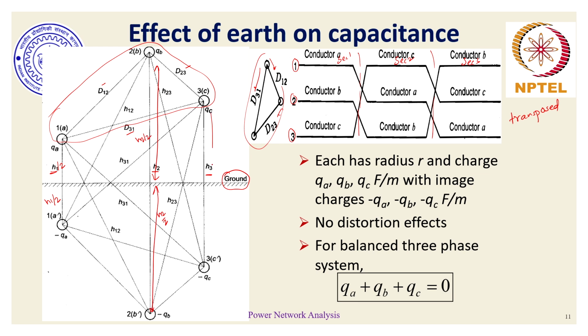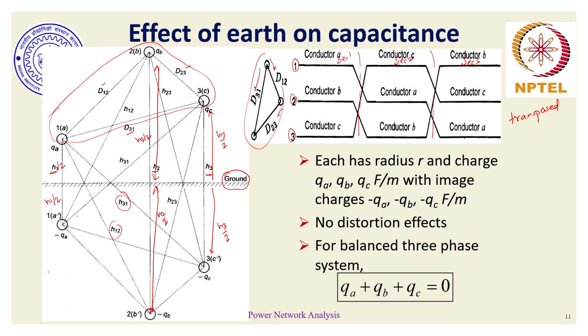And similarly, if this is h3 by 2, then the image charge here is also at h3 by 2. Similar inference could also be made for other distances correspondingly. I'm not going into details of that. But given this tower arrangement, given the heights of these conductors with respect to earth, the other distances h31, h12 can all be obtained and evaluated.